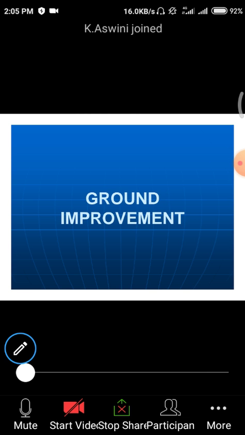That means geotechnical engineering you studied in your third year second semester, and in the present semester also you are studying it as GTE2. So this is somewhat relevant to geotechnical engineering, and some of the subject is from engineering geology also.